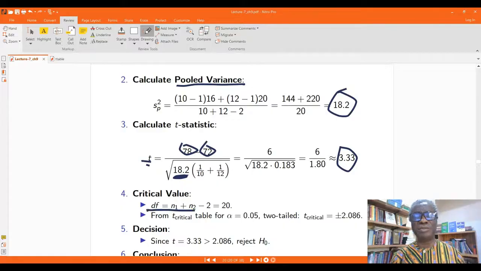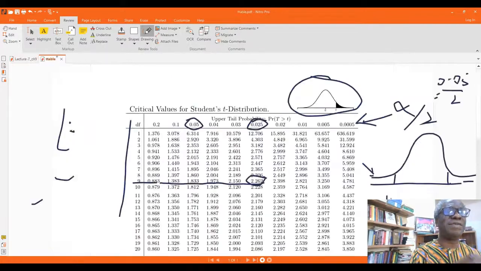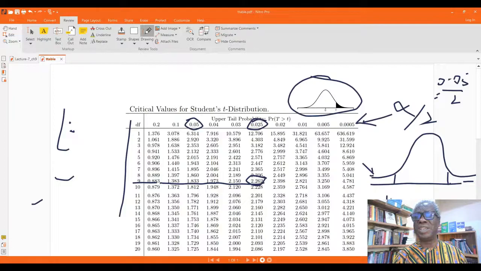Before we go to the table, we need to determine the degree of freedom. The degree of freedom in this case is n1 plus n2 minus 2, which equals 20. So with that information and with the alpha value that we have been given, we can go straight to the table now. Because this is a two-tailed test, you have to divide that alpha by 2, and that gives you 0.025.